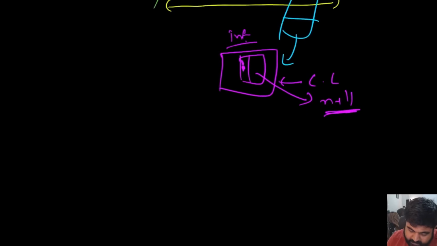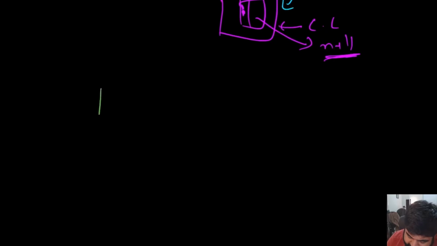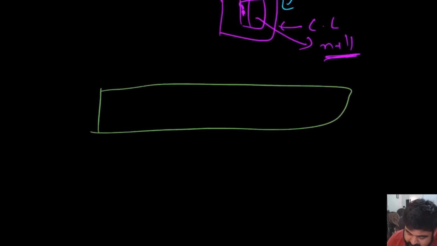So if we have to represent it, let me say that this is currently an array. I'll show you the representation both in the array and also in the linked list. So if we are trying to store these values 1 2 3 4, they are continuously stored inside the array. Now let's see how they are stored in the memory of the CPU.